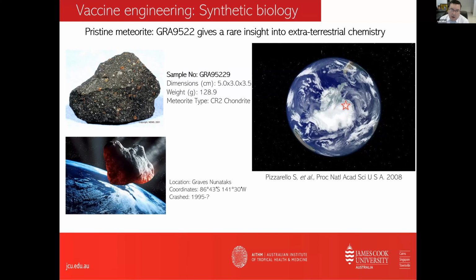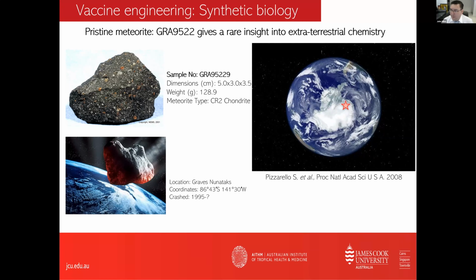It's very small, 128 grams, found in Antarctica, so it was uncontaminated by microbial life on Earth, which is a big deal. It crashed in 1995 or before then, either 1994 or 100 million years before then.